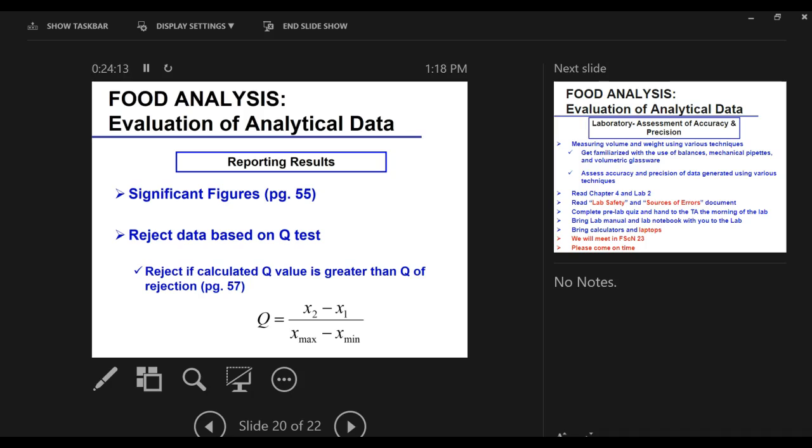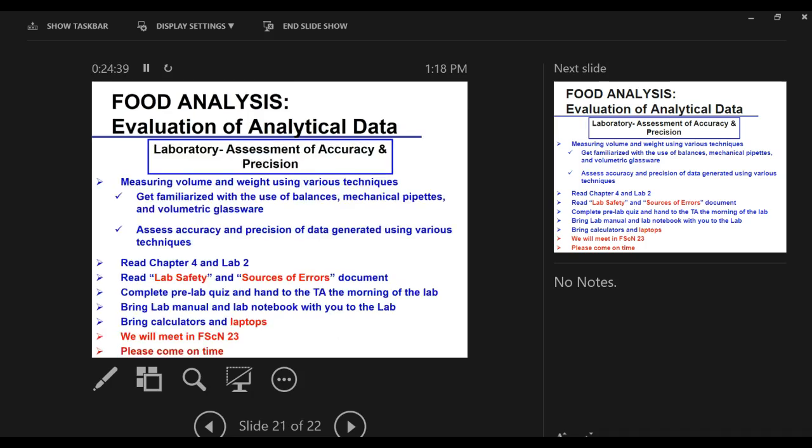If my calculated value is greater than 0.76, then I can reject that data point. And 0.76 is just an example for 5 replications. You might have 6 replications, 4 replications, so you will get the correct degree of freedom and find the Q value from your table.